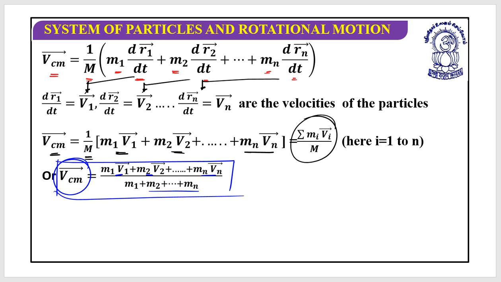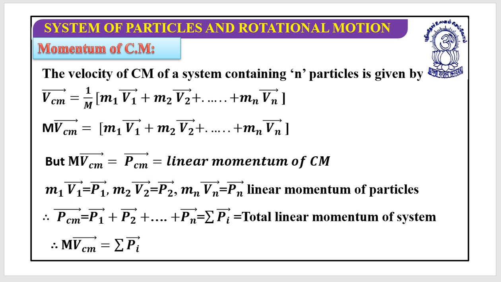I repeat, when I calculate vcm, I will always look for the magnitude as well as direction. This is where we make mistakes, the calculation goes wrong and the answer would not come. So please understand that this is a vector, not a scalar, and we must respect its magnitude as well as direction. Got it? Great.